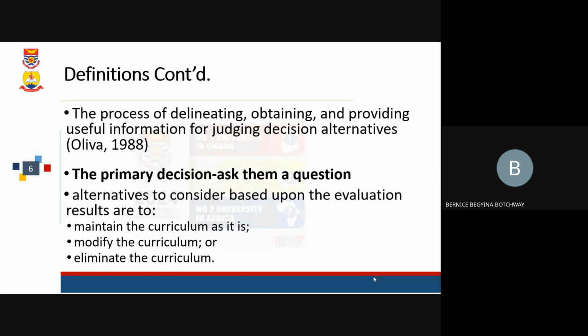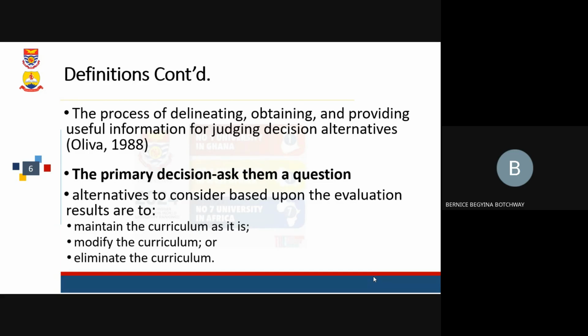Probably a textbook that they used didn't reflect in the answers students were given. So if they are supposed to do that modification, they will think about whether they are changing the textbook or the teaching methods or anything, or whether they are going to eliminate the curriculum because of the information that they got.